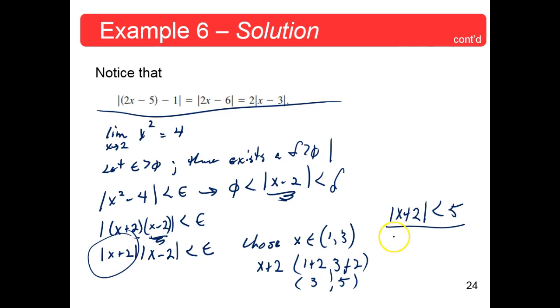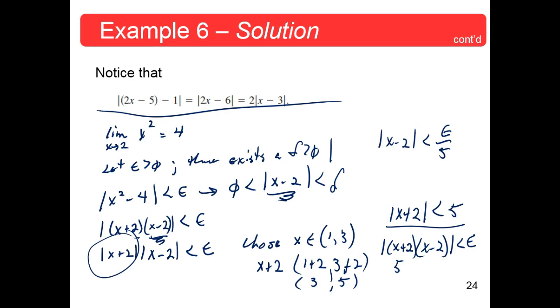So then this combination, absolute value x plus 2 and x minus 2, would be less than epsilon. Remember, that's what we're starting from. Well, this is 5, and the absolute value of x minus 2 would then be less than epsilon over 5. Divide both sides by 5. Okay? So there's one value.